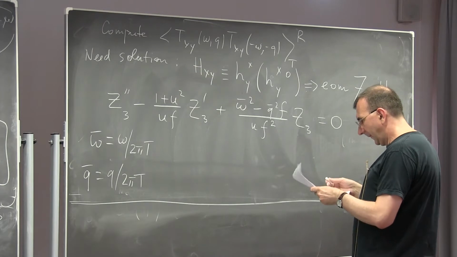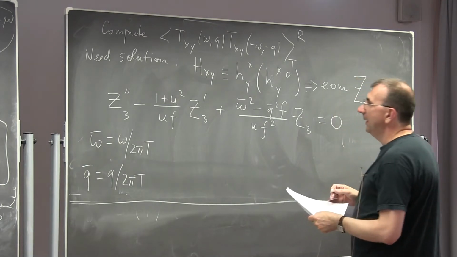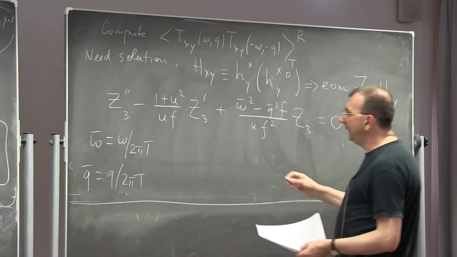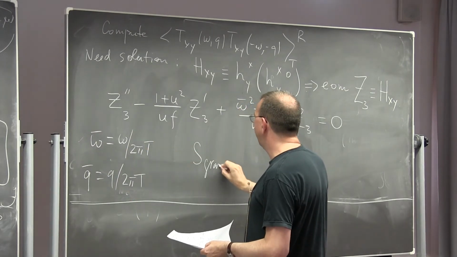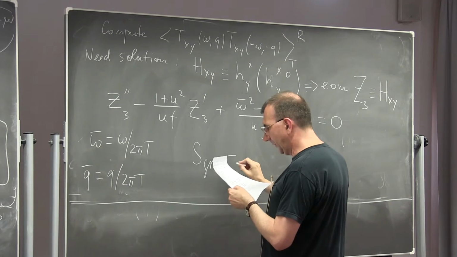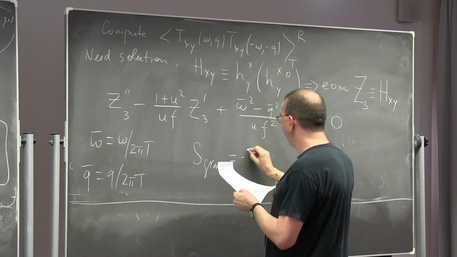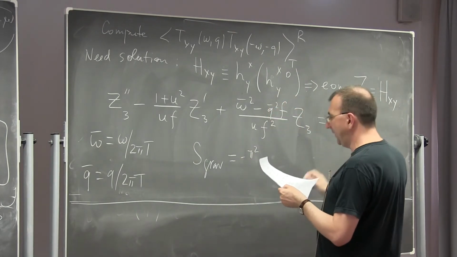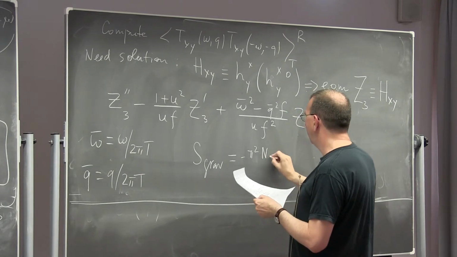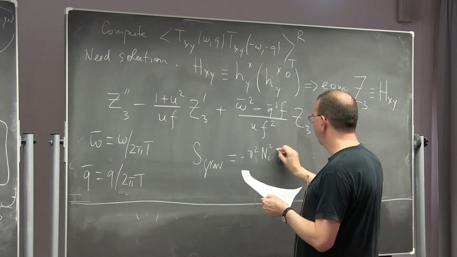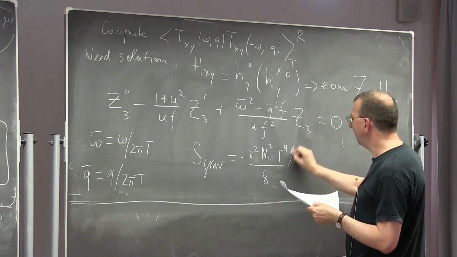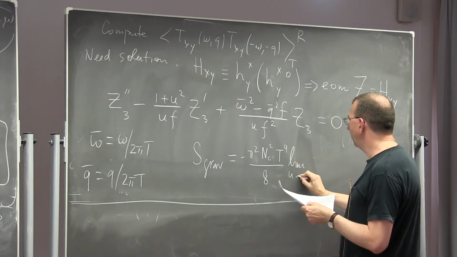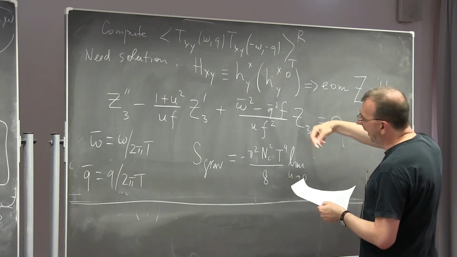Fine. So what we also need is the part of the gravitational action, just like here, the part of gravitational action which contains this fluctuation hxy. So we have Nc squared T to the 4th divided by 8, and then the limit as u going to 0, because it's a boundary term of the action, right?